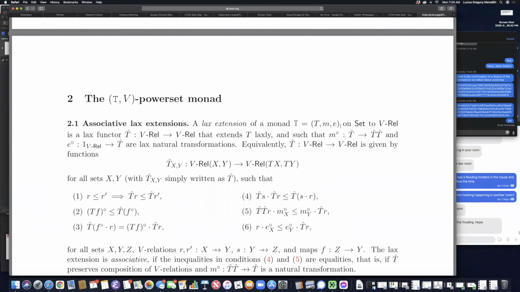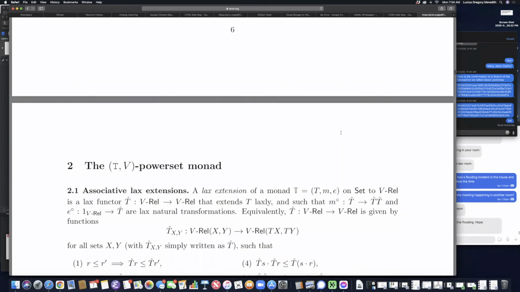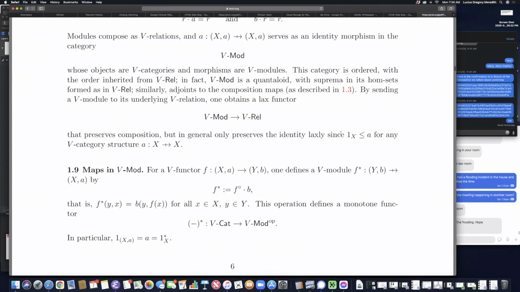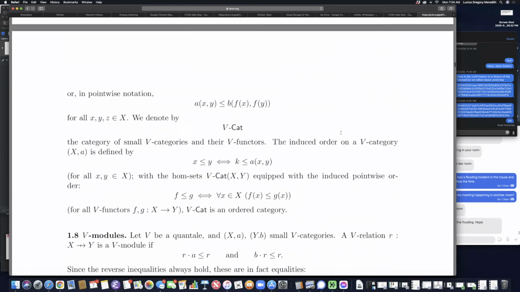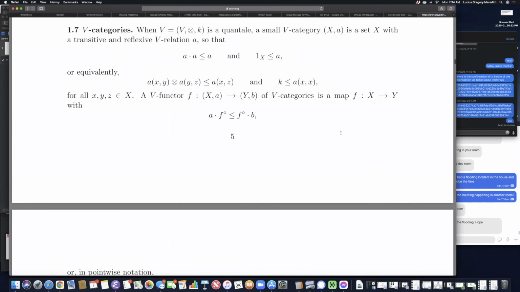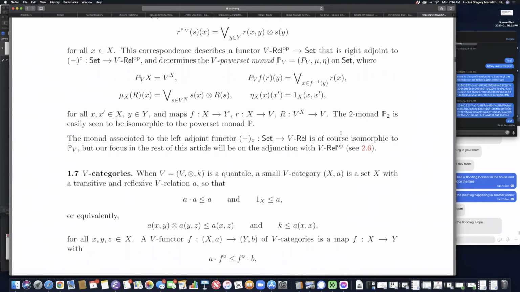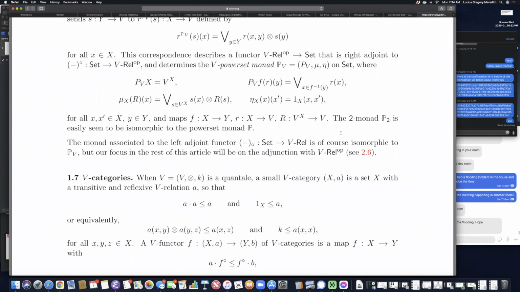So suppose you already have this VRel situation, which we were just looking at. If you have a monad that has a couple of additional pieces, if you consider the opposite, I believe that O is opposite. Let me just double check that. Pretty sure O is opposite. By the way, here's the equations for the V power set, which we were calling the Q power set.